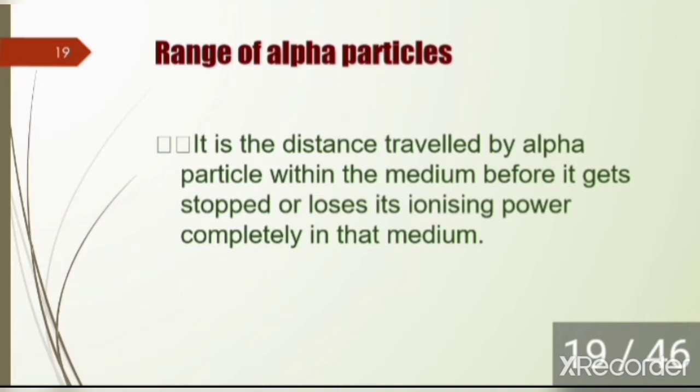So when it is moving through a medium, after a particular time, its velocity drops to 0 and it loses its ionization power. Before dropping the velocity to zero or before losing its ionization power completely, how much distance the alpha particle has traveled, that distance is referred to as the range of alpha particles.